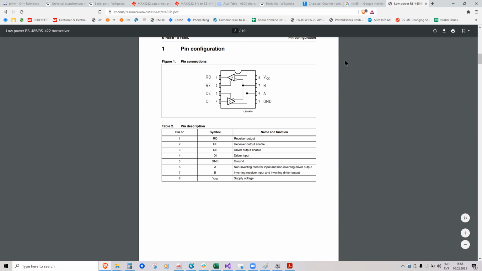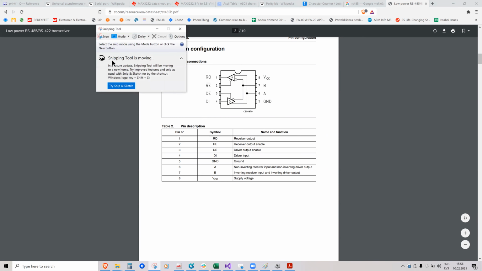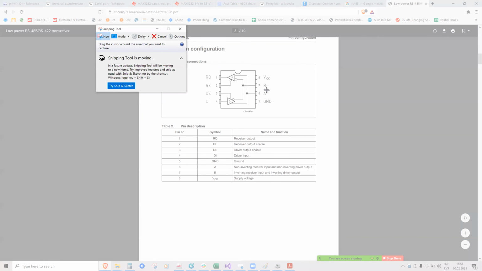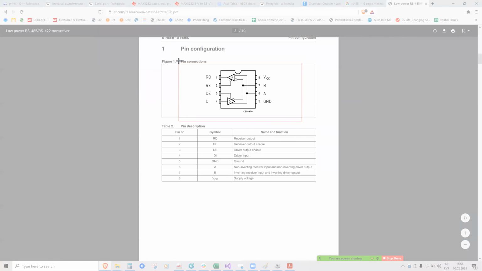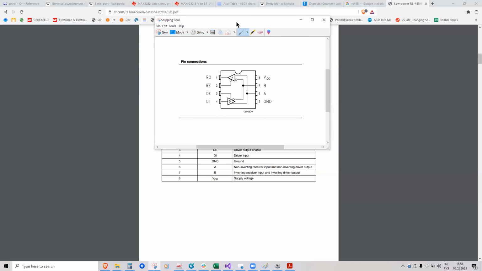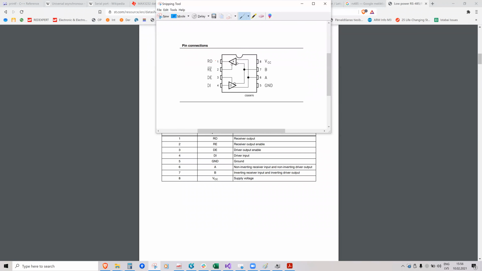And on the opposite end of the cable, the other device also has this chip, which converts the signals back to the microcontroller. And it has the receive output through which it sends received data to the microcontroller. So here data goes to the microcontroller.